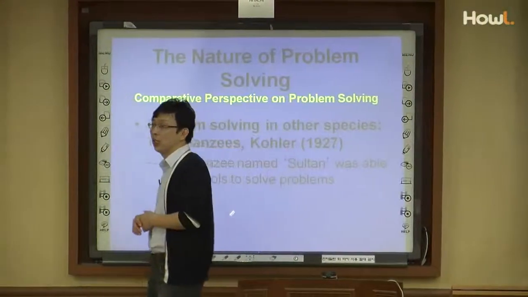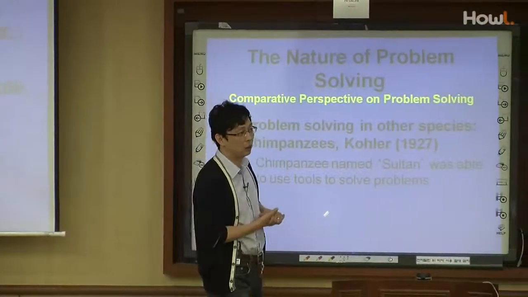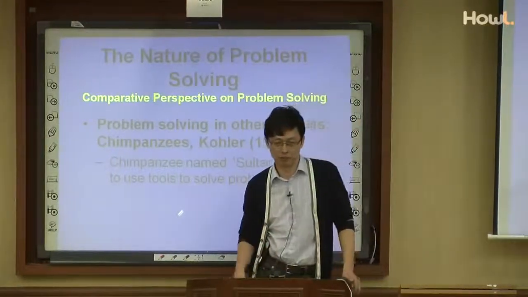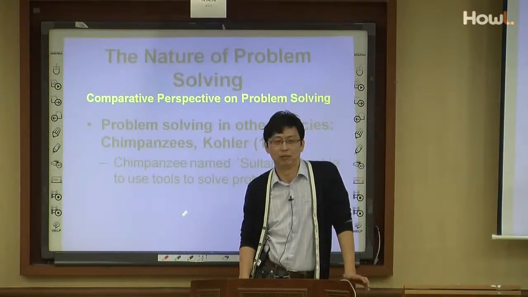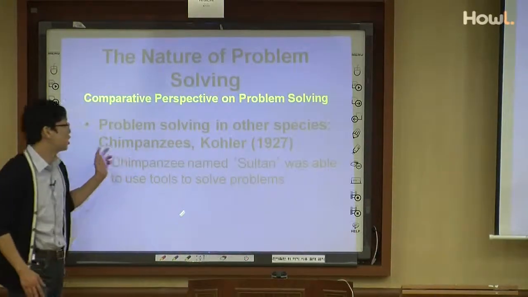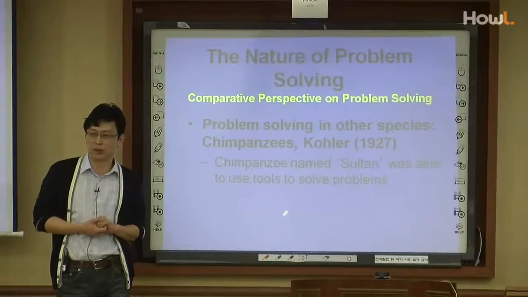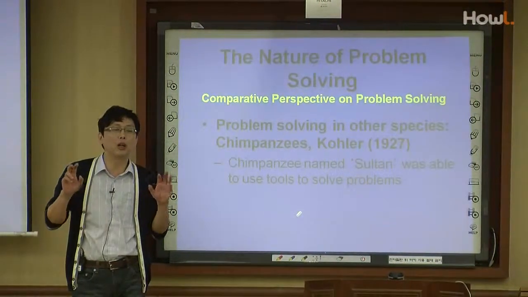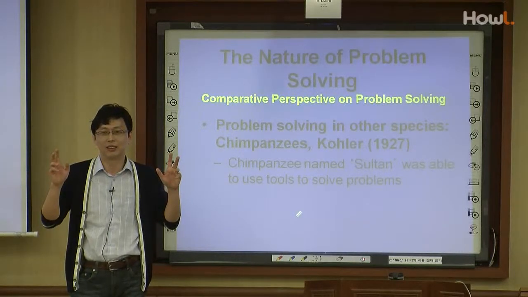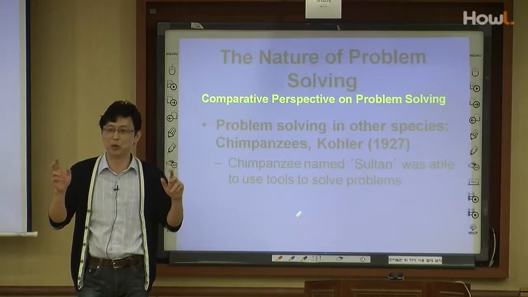Starting from 1927, in the beginning of the 20th century, we believed that only human beings can solve problems. Only humans. But actually in a 1927 experiment, some chimpanzees could do problem solving. Have you seen the movie Rise of the Planet of the Apes?